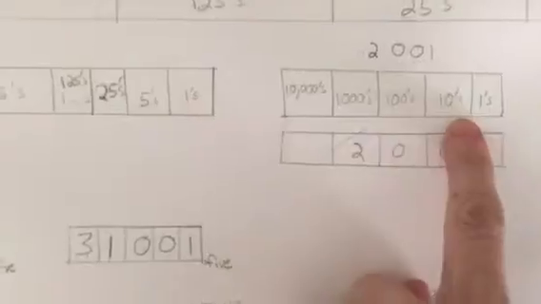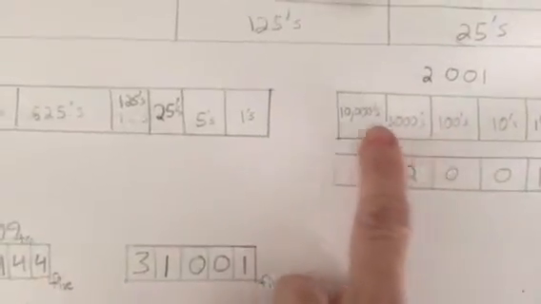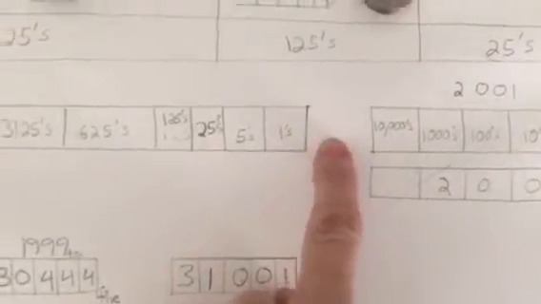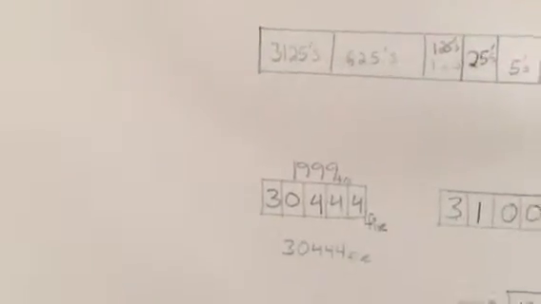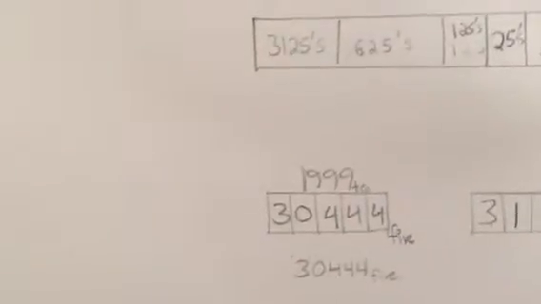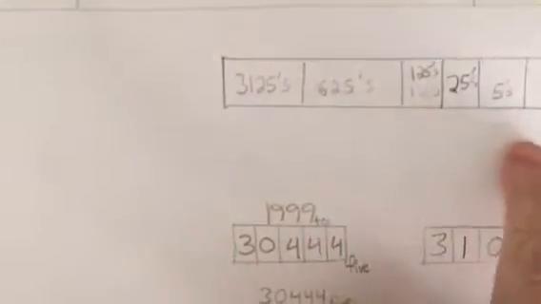Just like the base 10 value system, here is ones, tens, 100s, 1,000s, 10,000s, and as you know, it would go 100,000s, millions, and so on. But we're just working with a few of the place values, not up to quadrillions or anything like that.